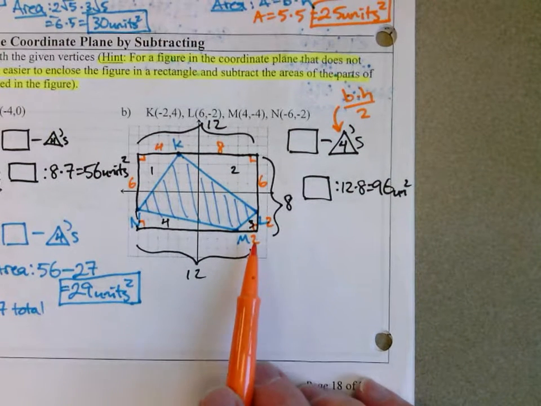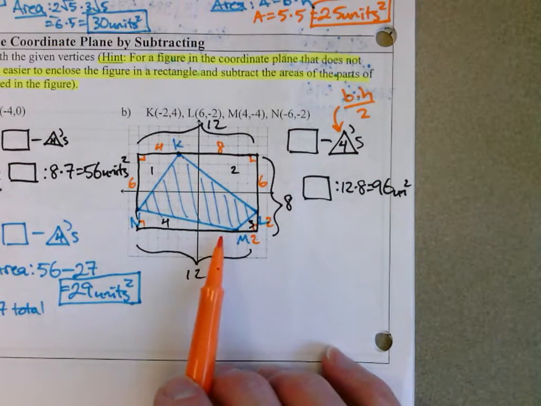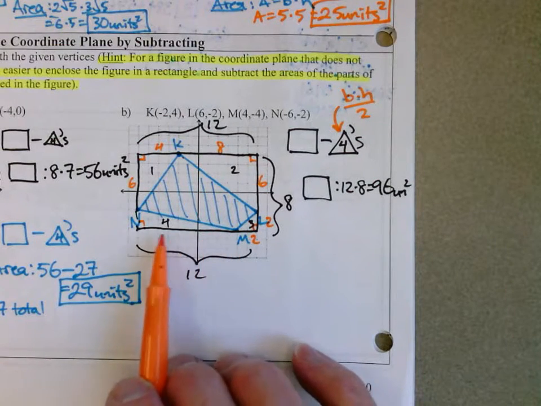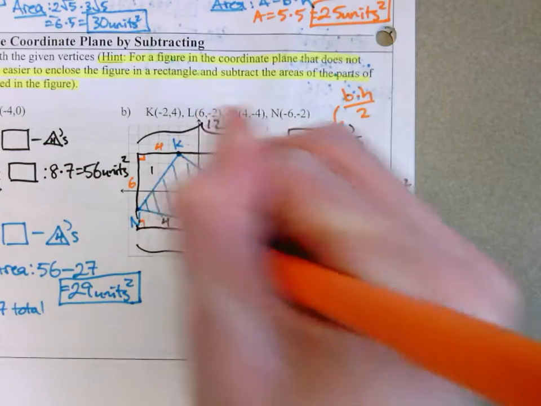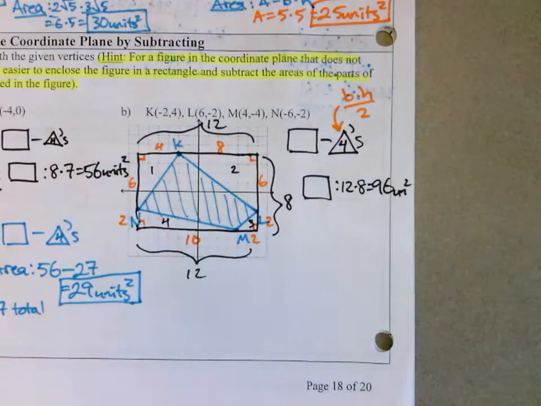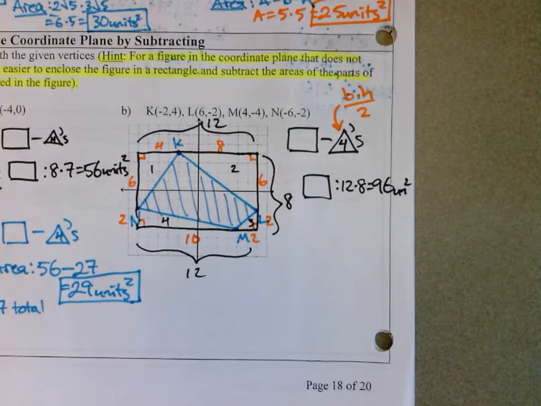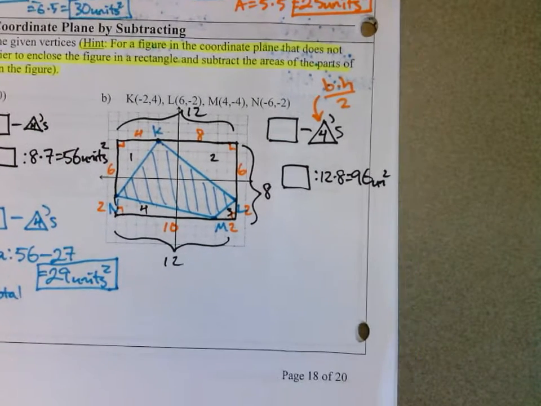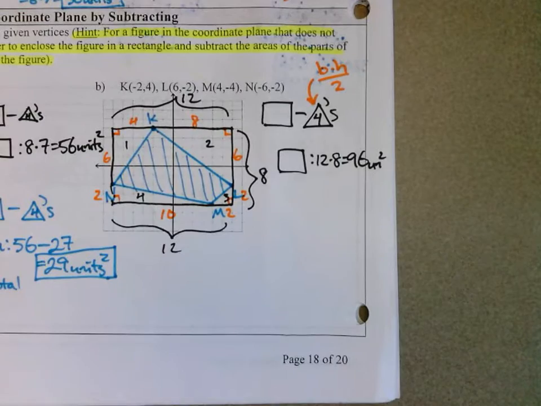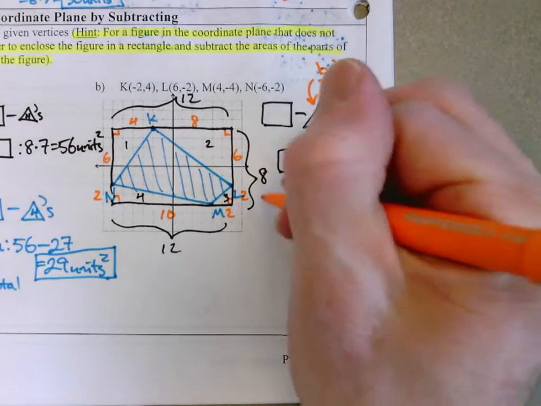Triangle 3 is a 2 by 2 triangle. 1, 2, 3, 4, 5, 6, 7, 8, 9, 10. And this one is 2. Okay, so we have all of the measurements purely by counting of all the sides of our 4 triangles. And now we're going to take them one at a time and calculate the area of each, staying organized.